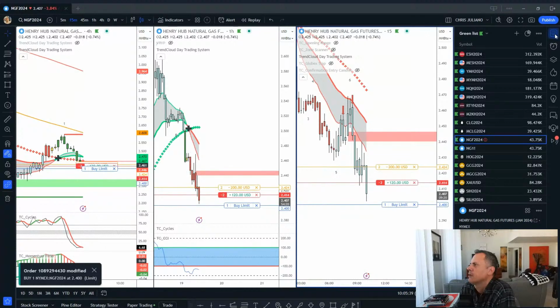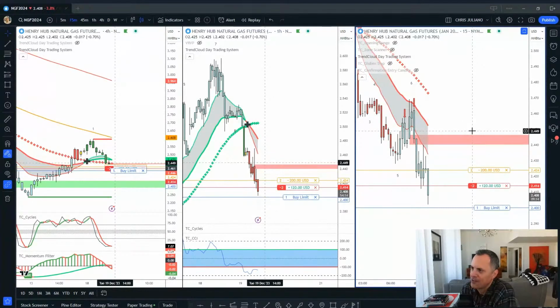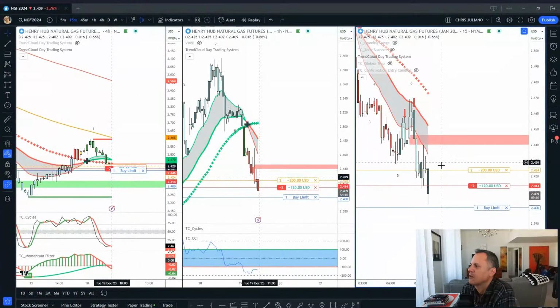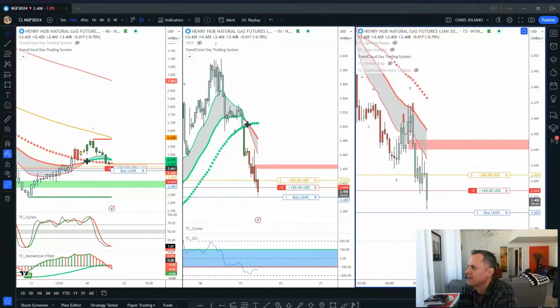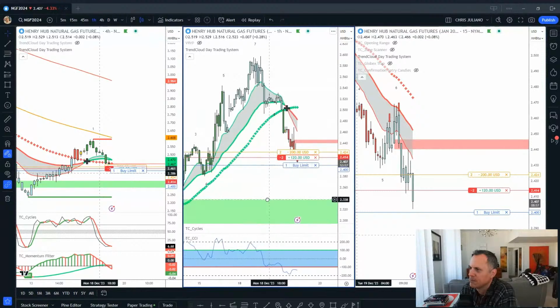Let's see. There's our natural gas. See, we're extended here, so that puts us in a sticky situation, doesn't it? It might just end up reversing completely and coming back up in here. But that's the chance you've got to take.